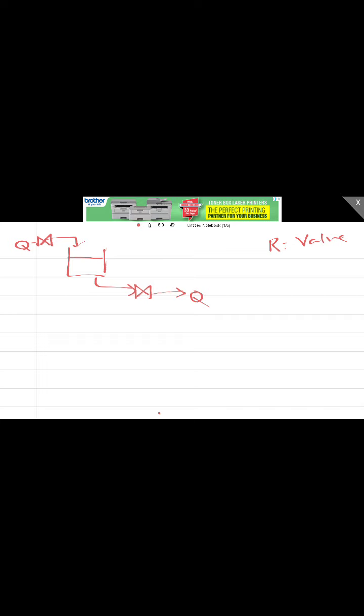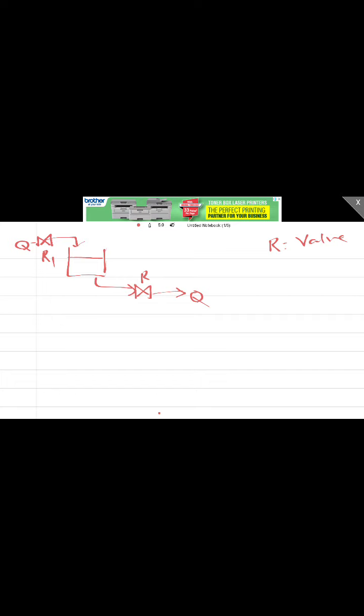Now if I consider this valve as R1, then this R1 may be a control valve, and if I consider this as R2, or instead just R, this R may be a load valve, because the load is applied to this valve R. So I am considering it as a load valve.